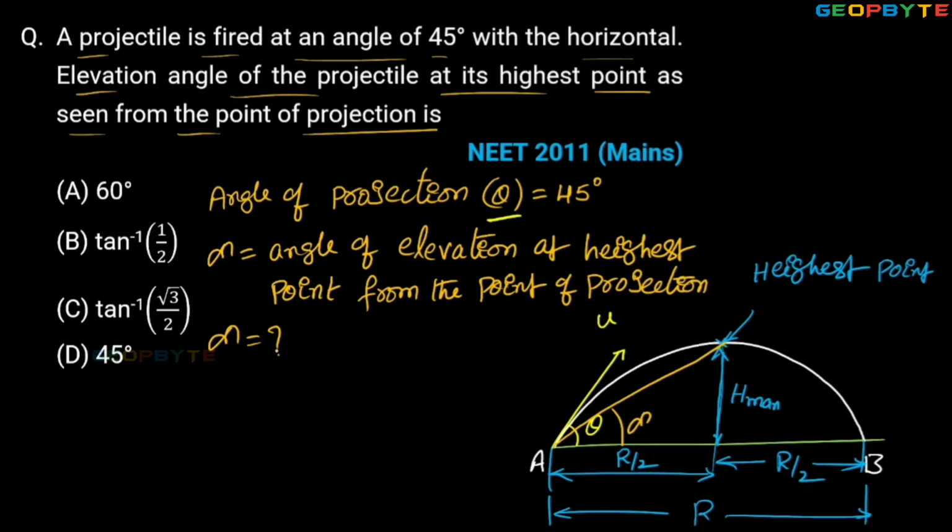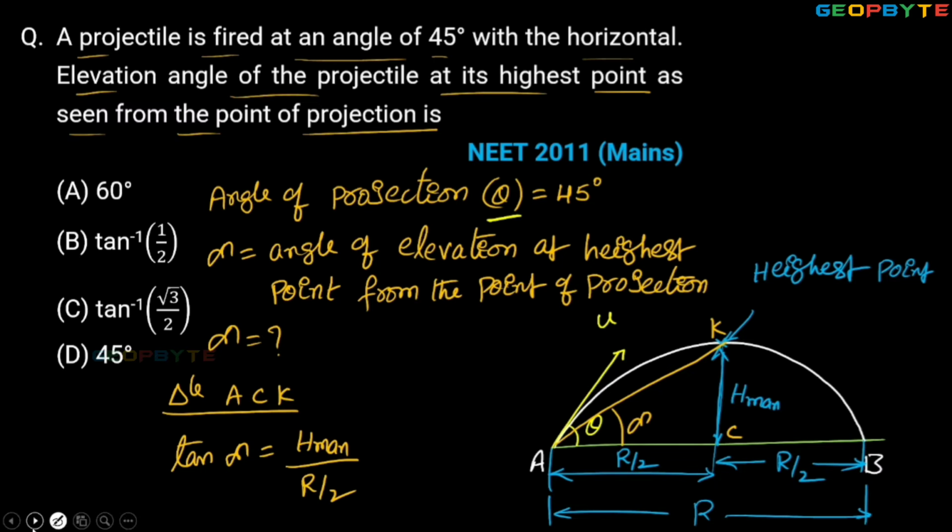How do you decide? Let the highest point be K and this be C. From the triangle ACK, which is a right angle triangle, I can write tan alpha equals the opposite side, that is H max, divided by R by 2. Let us take another slide.